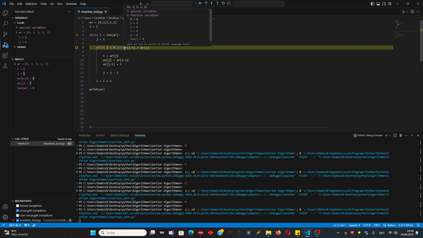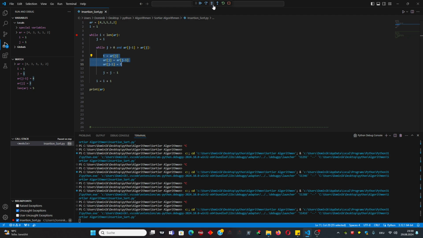And then we check if AR[J minus 1] is holding a higher value than AR[J]. AR[J minus 1] is holding the value 4, and AR[J] is holding the value 3. That means we will jump into this block and we will swap the values, the 4 and the 3.